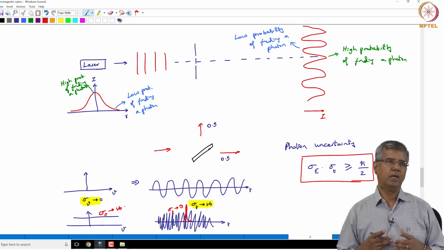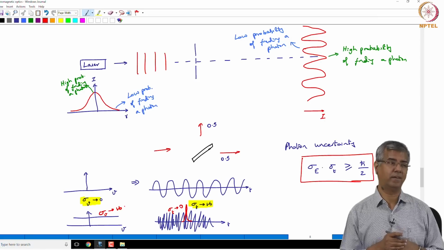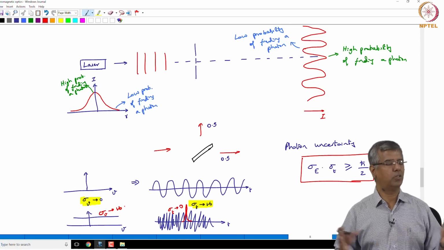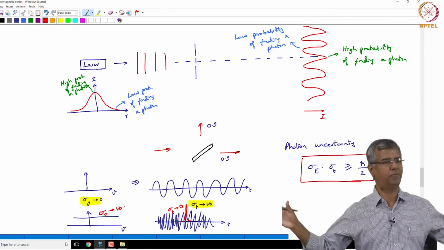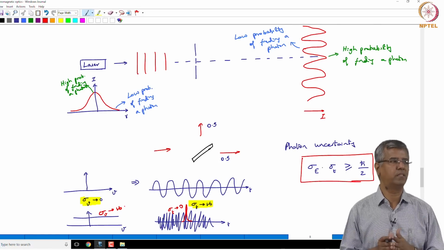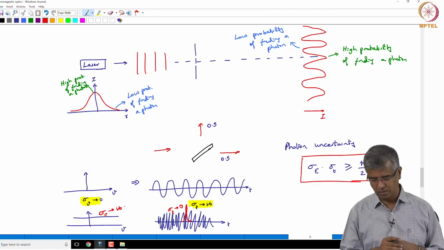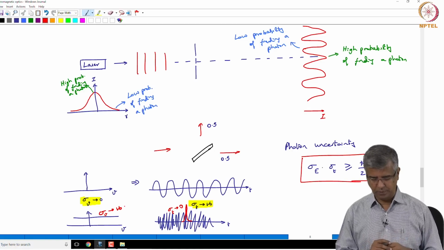To give you an example, if you take a femtosecond pulse, people have actually demonstrated attosecond, hundreds of attosecond pulses, if you can believe that. But a femtosecond pulse typically corresponds to a spectral width of 10 to the power 15 hertz. That's a fairly large range of frequencies, so you can say the shorter the pulse, the more the spread in frequency, or the more the uncertainty in associating a particular frequency with this light pulse. So that is the converse picture.